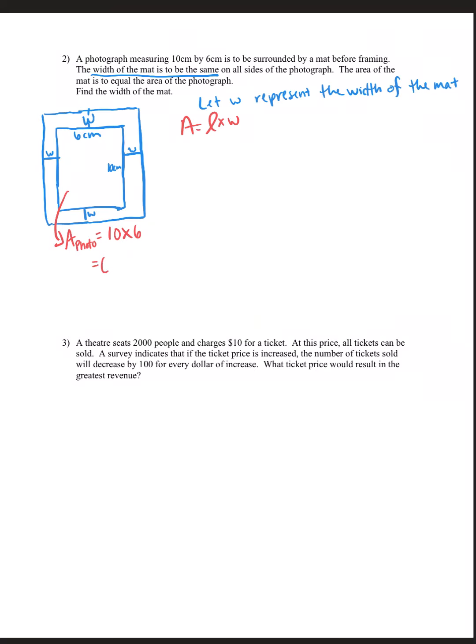So that means it's going to equal 60 centimeters squared. Okay, so my total area is going to be twice that, because we know the area of the mat is going to be the same as the area of the photo.